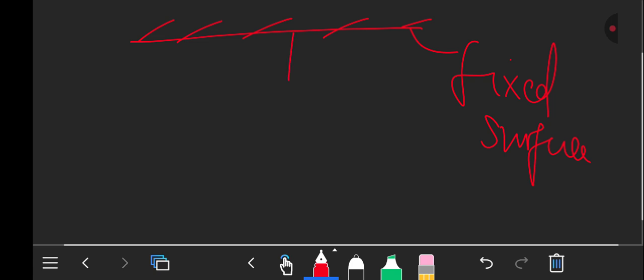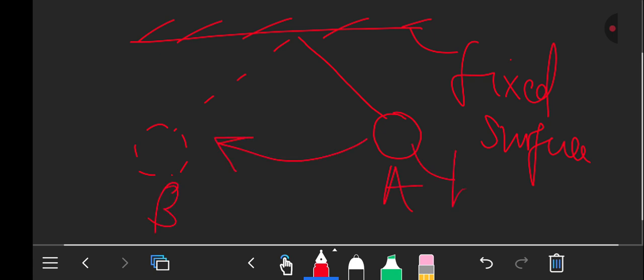Then we have a bulb there. Let's say it's swinging. Let's say this is point A swinging to point B. So that is a bulb, a pendulum bulb. Then that is a string.